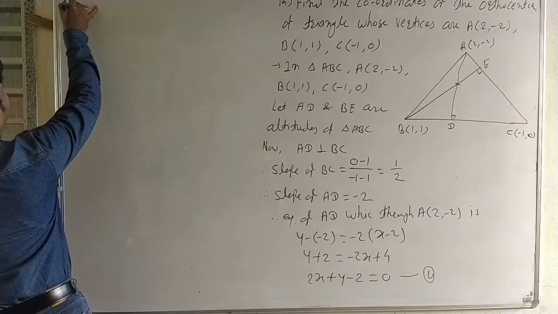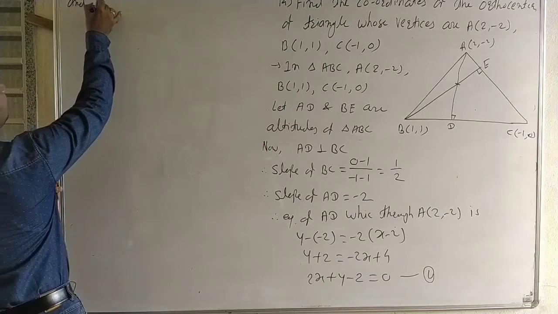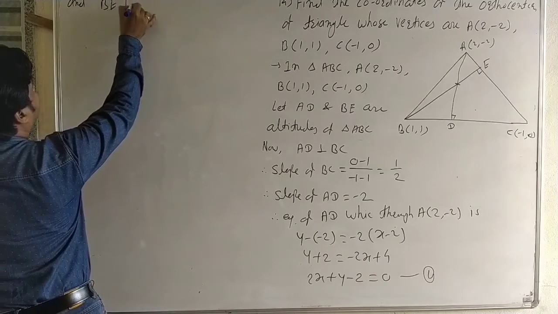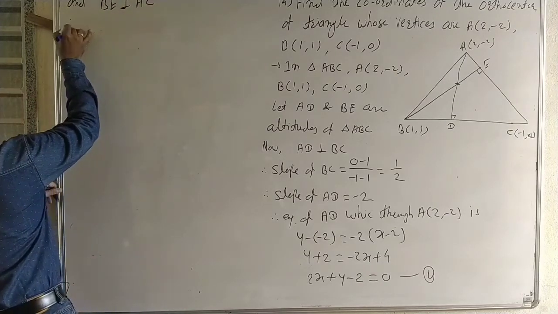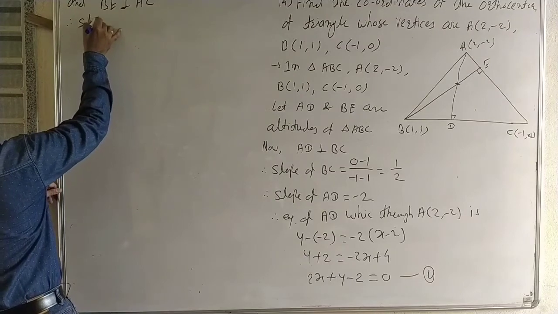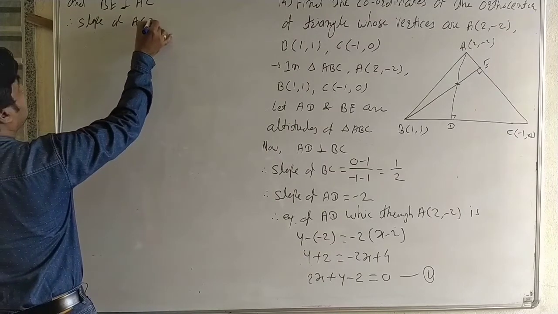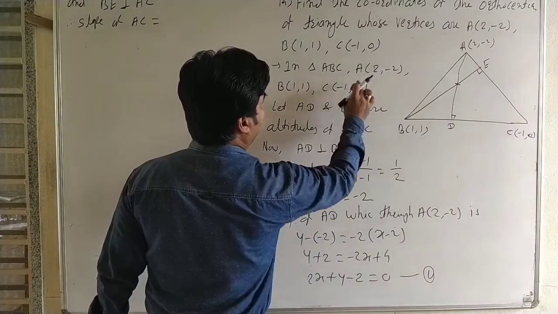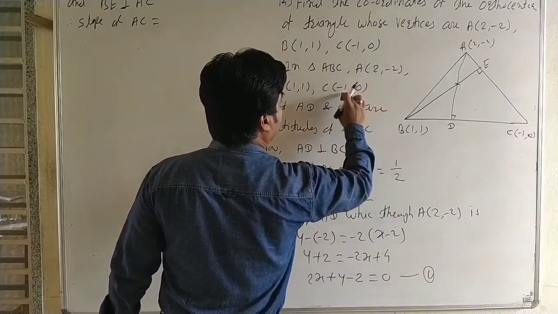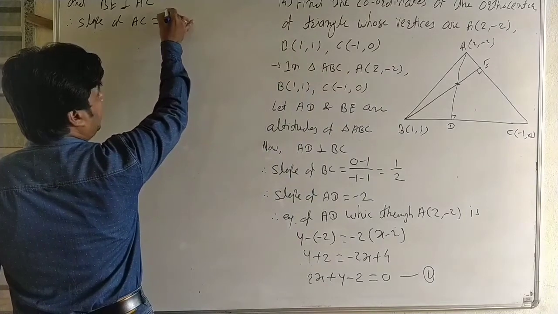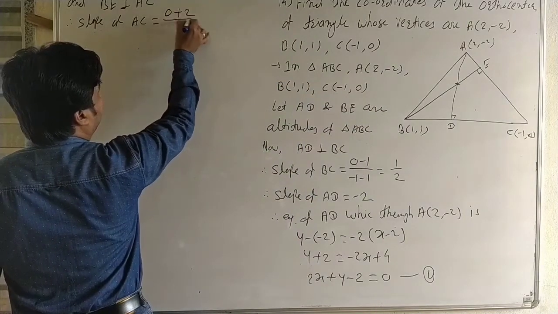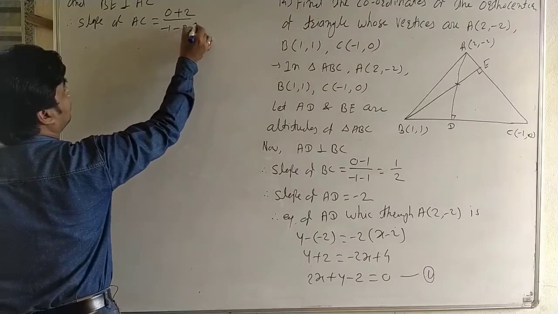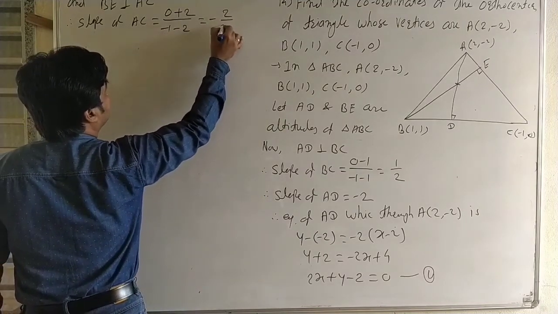Now BE is perpendicular to AC, therefore we find the slope of AC, which is (y2 minus y1) upon (x2 minus x1), that is -2 by 3.